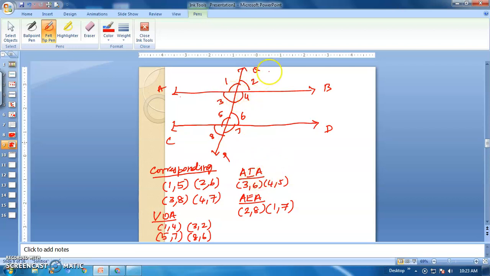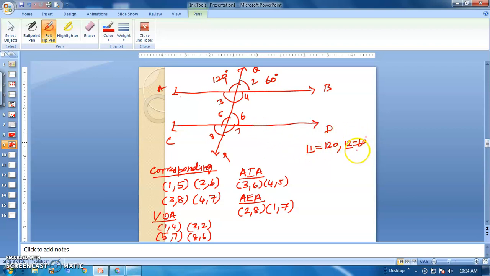Now suppose angle 2 equals 60 degrees. What about angle 1? Definitely 120 degrees, because they are a linear pair. So angle 1 equals 120 degrees, and angle 2 equals 60 degrees.